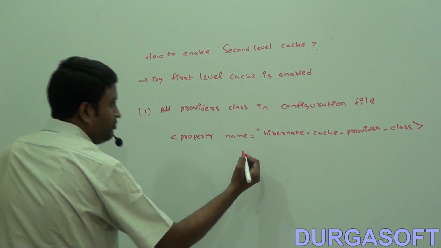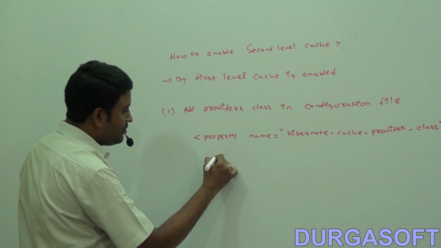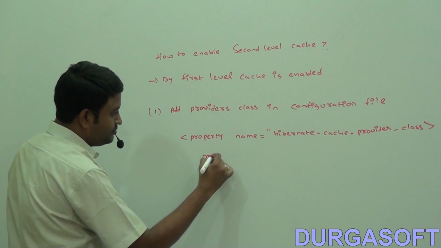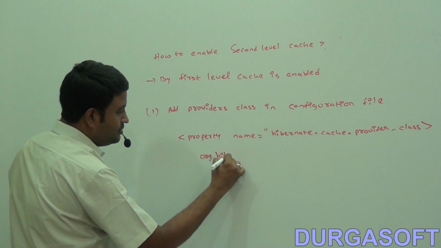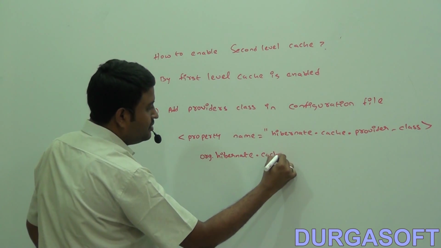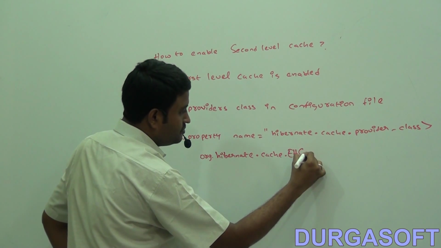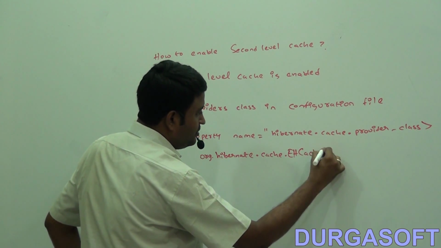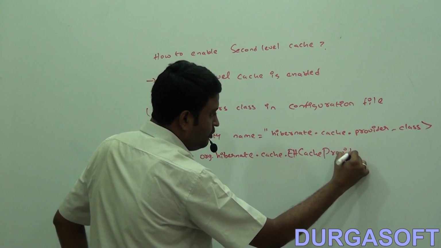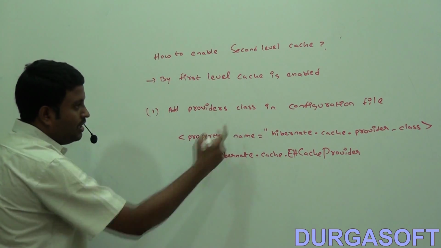For this property, we pass the provider class name, org.hibernate.cache.EhCacheProvider. We add this provider class name in the configuration file.